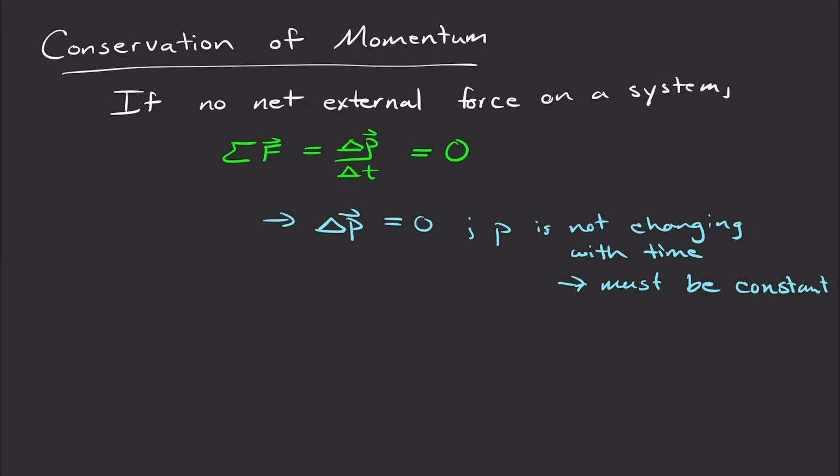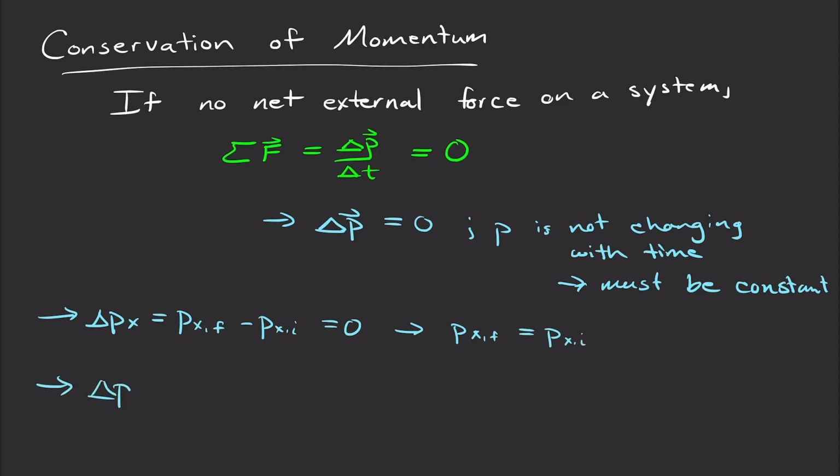Since momentum is a vector, this means that the change in momentum in the x direction, or px final minus px initial, must also be 0. Or this says the final momentum in the x direction is equal to the initial momentum in the x direction.